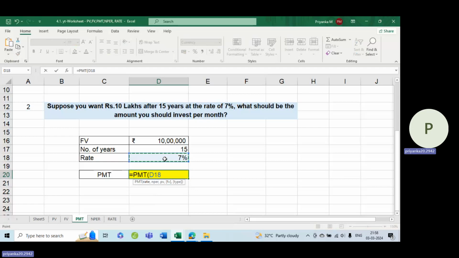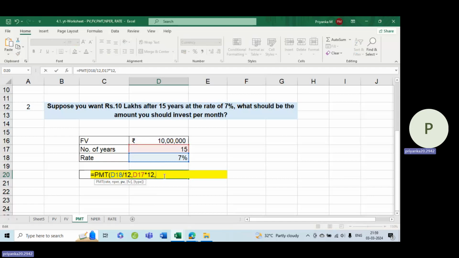Here also they're asking about investing per month, so obviously divided by 12, comma, then number of periods into 12, comma, then do we have a present value? No. Here they have given only the future value, that is 10 lakhs, which I'll be getting afterwards.